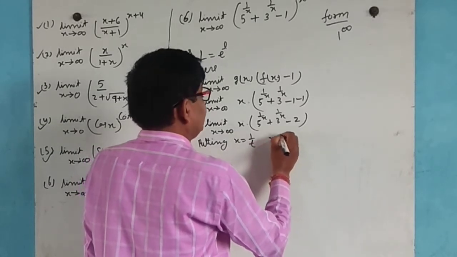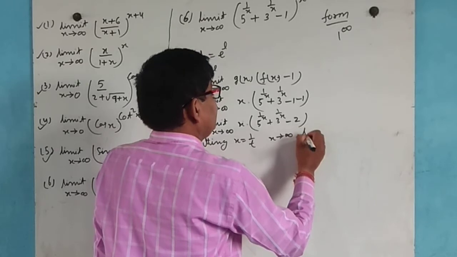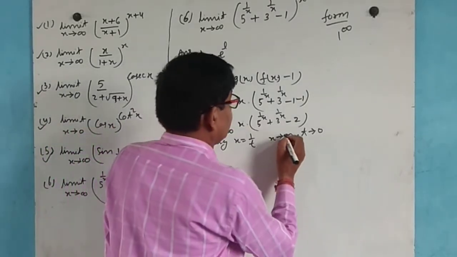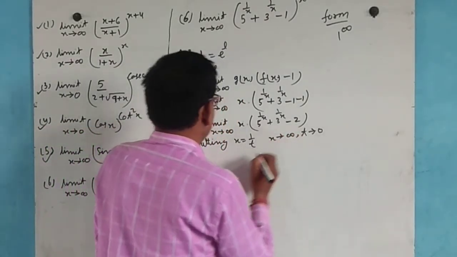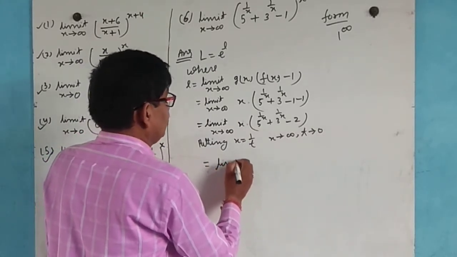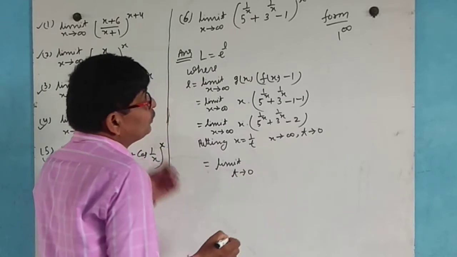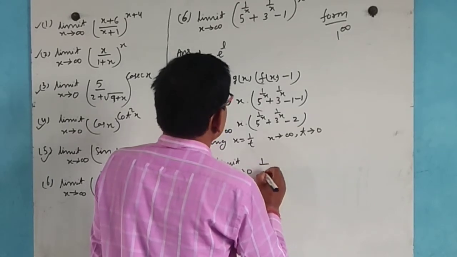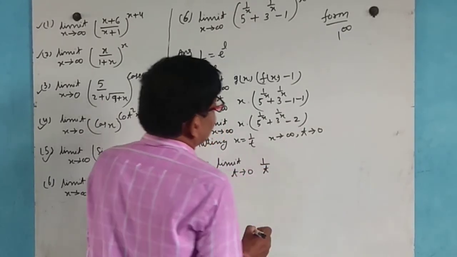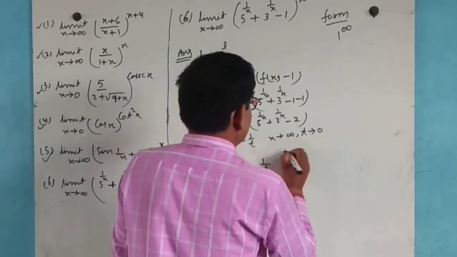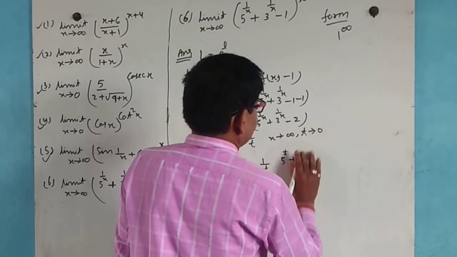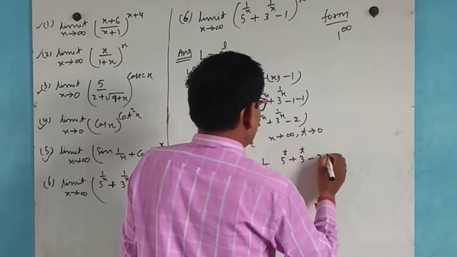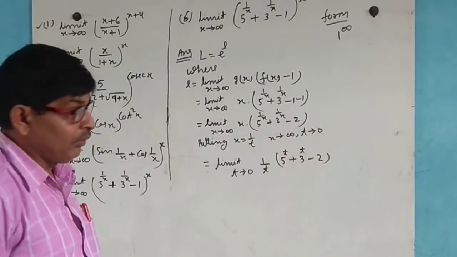Limit x tends to infinity, t tends to 0, so that limit t tends to 0, x is equal to 1 by t, and this can be written as 5 to the power t plus 3 to the power t minus 2.